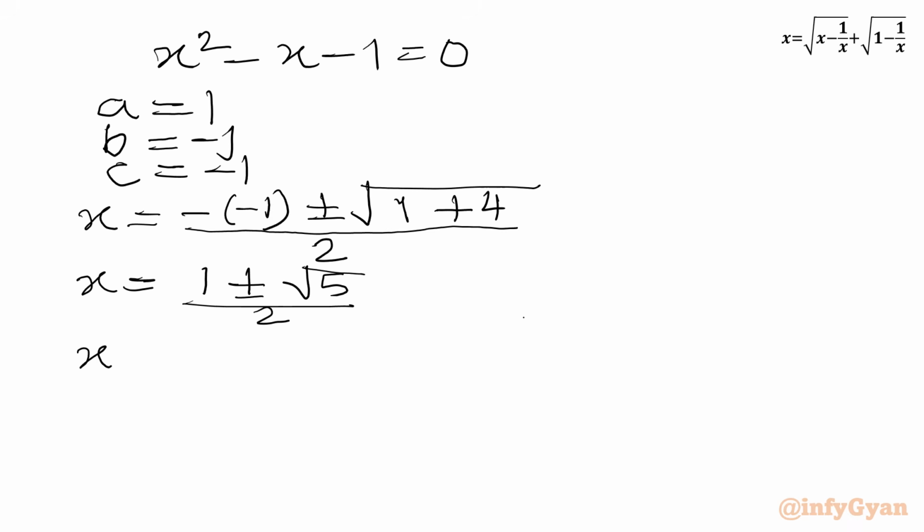So we have two x values: 1 plus square root 5 over 2, the golden ratio, and 1 minus square root 5 over 2.